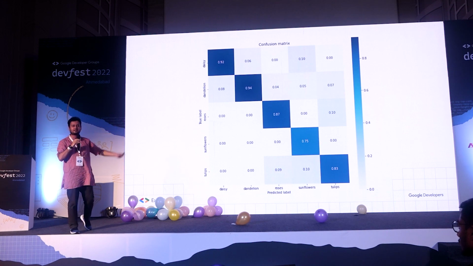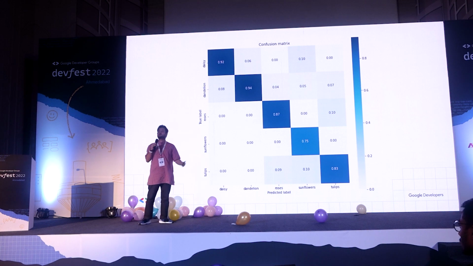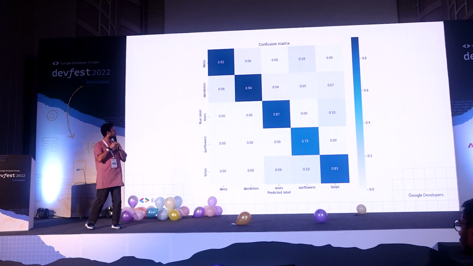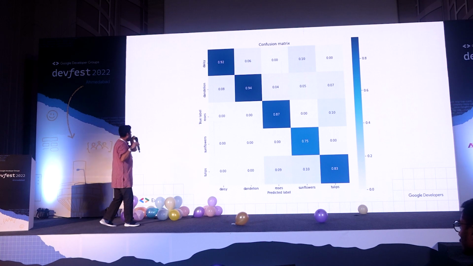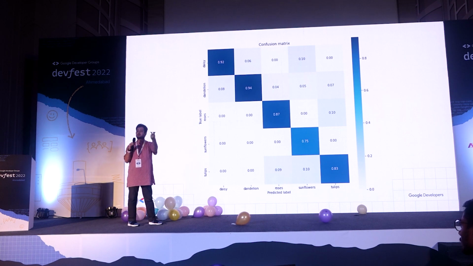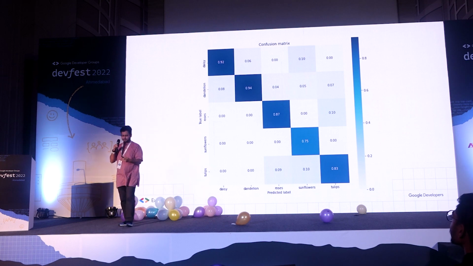So if you see here, for daisy, 92% of daisy flowers are classified as daisy flowers, right? For 8% of cases, daisy flowers are classified as dandelion flowers. Okay, that's how you read this.